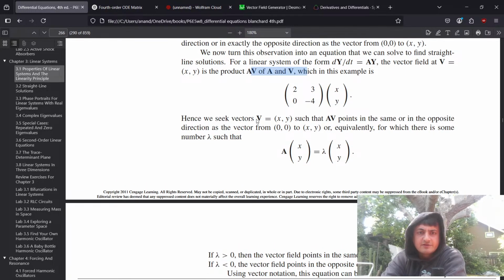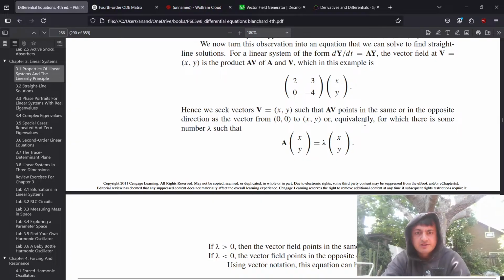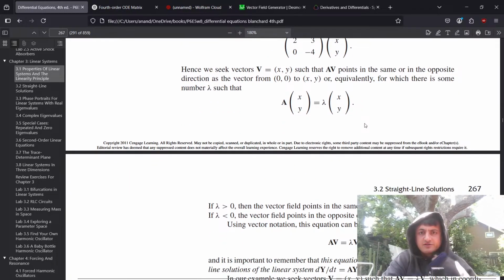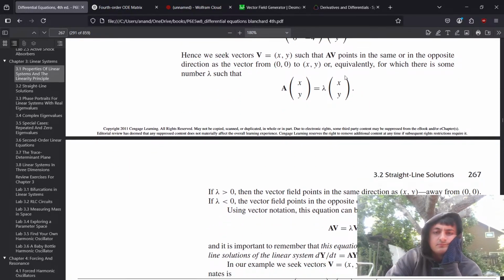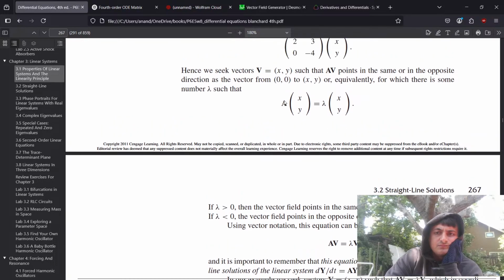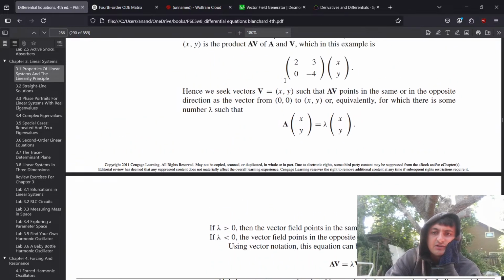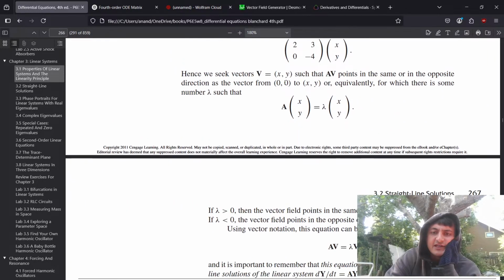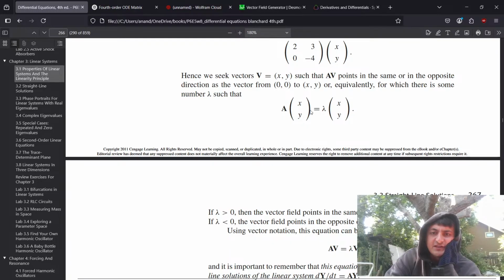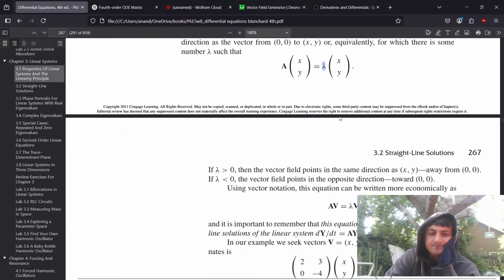Hence, we seek vectors v equal to (x, y) such that Av points in the same or opposite direction as the vector from (0, 0) to (x, y). So there is a scalar multiple lambda such that the product of A times v is equal to some scalar multiple of v.